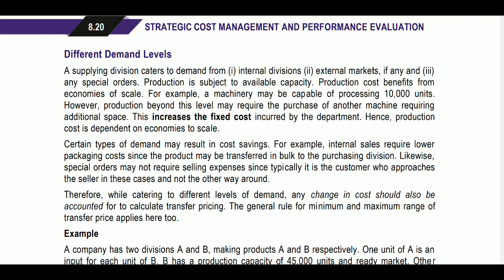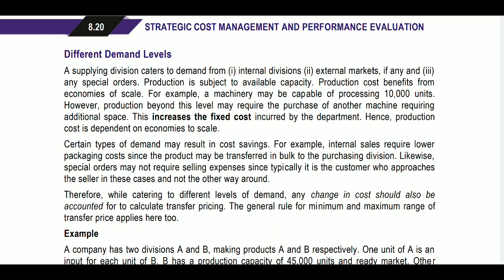For example, machinery capable of processing 10,000 units; however, production beyond this level may require purchase of another machine requiring additional space. So it takes additional space also, so it will increase the fixed cost incurred by the department, and it affects the production cost of the department through economies of scale.